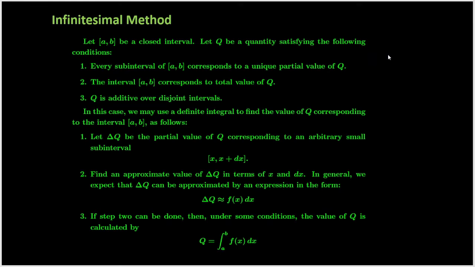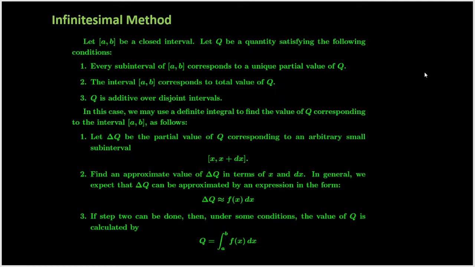The step procedures for the infinitesimal method are on the screen. I will use a particular question to show you how to follow the step procedures to set up an integral to compute some quantities.